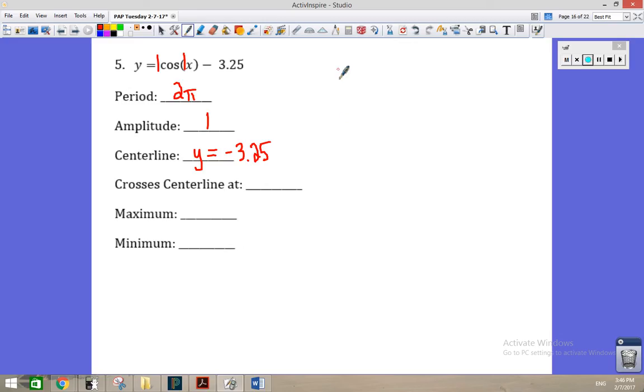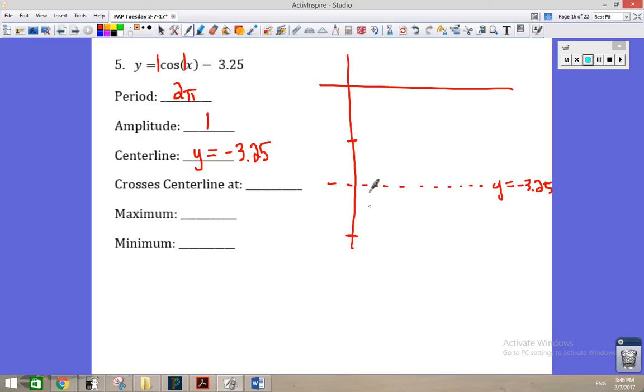So if I sketch the graph of what this is going to look like, here's the line y equals -3.25. If I'm 1 unit above that line or 1 unit below that line, that's my range for this cosine curve.